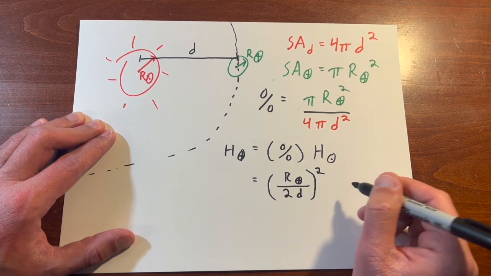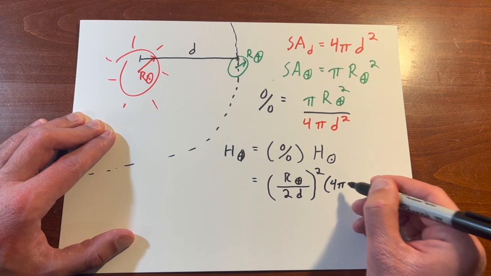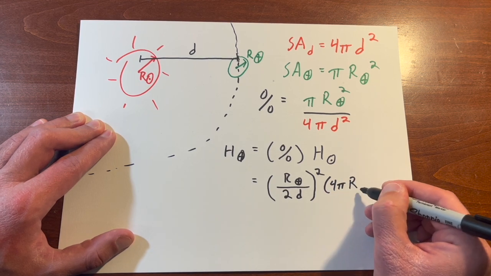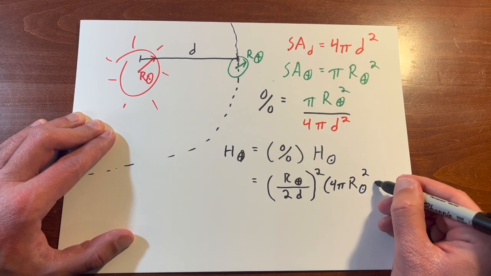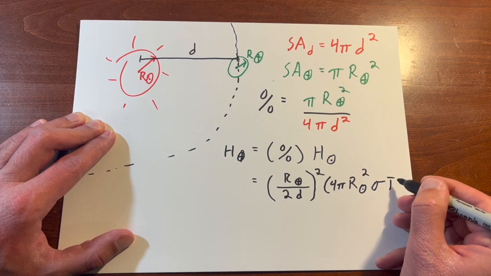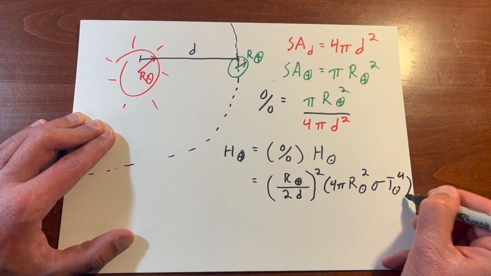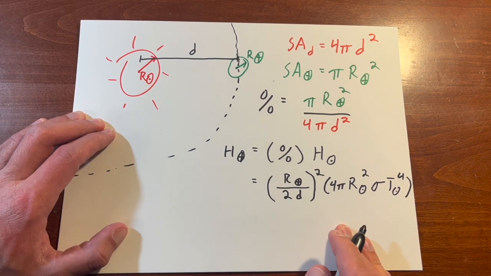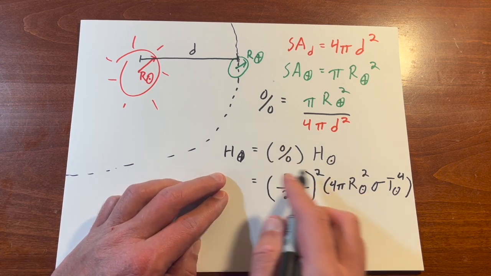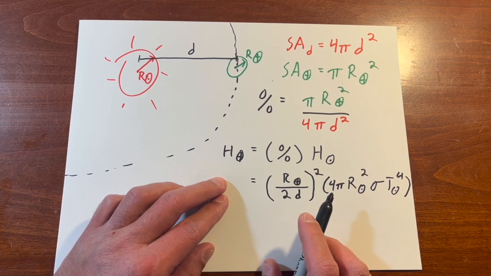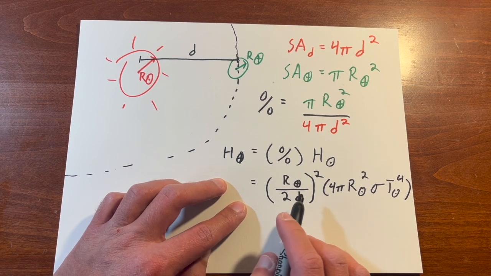Okay, and then for the sun's output, radius of the sun squared, Stefan-Boltzmann constant, temperature of the sun to the 4th power. Okay, so that should be the flux absorbed by the Earth, right?